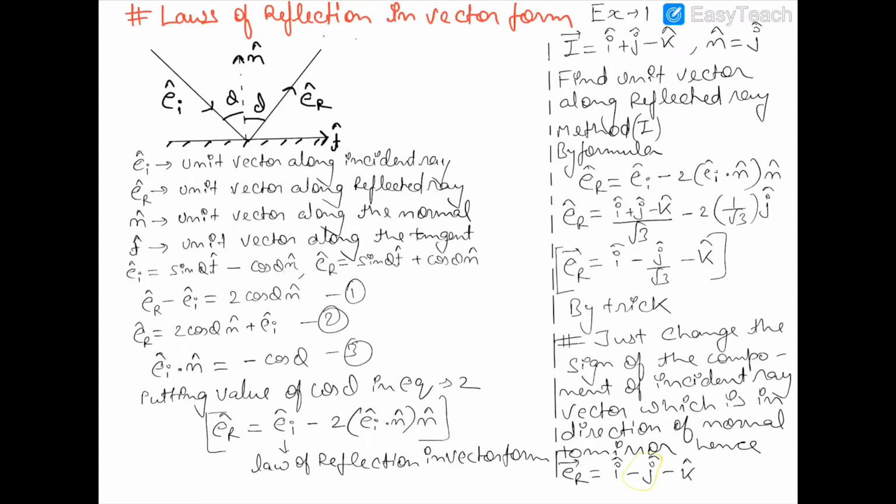I am demonstrating this with examples. I am taking a simple example initially, and then I will take a tougher example. In this example you can see I have denoted this capital I vector, which represents the incident ray.